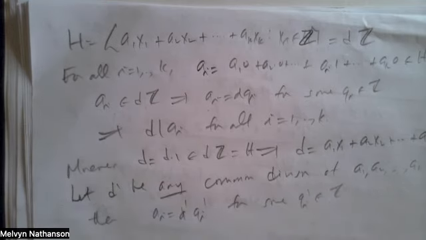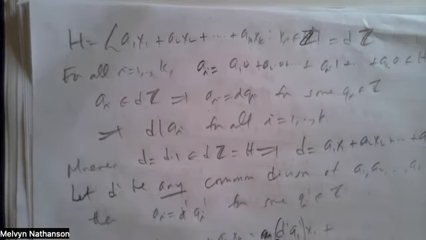So d, which is A1x1 plus A2x2 plus Akxk, is A1, what is A1? A1 is d prime times q1 prime times x1. A2 is d prime times q2 prime times x2, and so on, up to d prime times qk prime times xk. So d can be written like this, but then I can factor a d prime out of this.